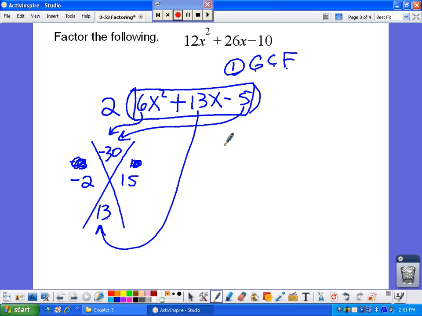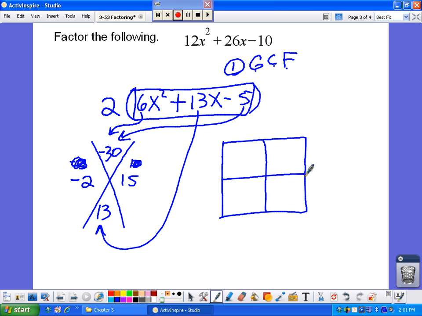So then over here to my generic rectangle. Remember, this is an area. Where would I put in this first box? Well, all I'm looking at is trying to factor what's left here. So I would put a 6x squared in there. And since this is what's left here, I have negative 5.